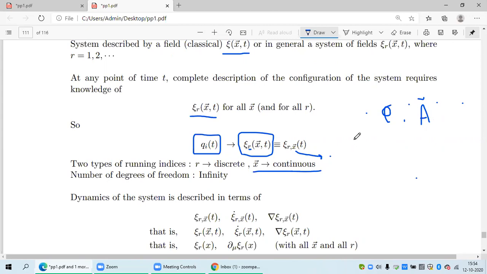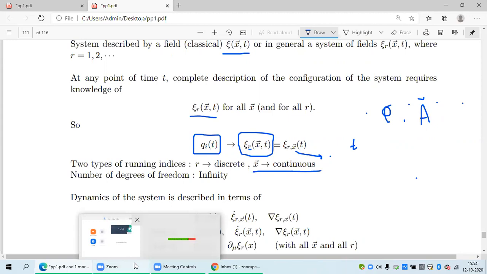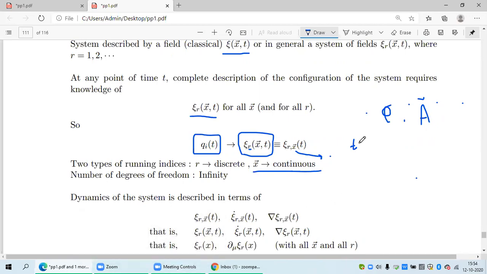So at a given time, all the different values of these four fields at all points, the entire set. At a given time, all the values of this field at all points, which is infinite in number.